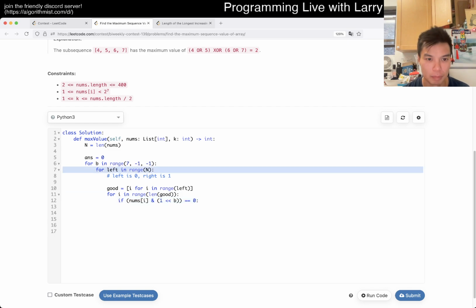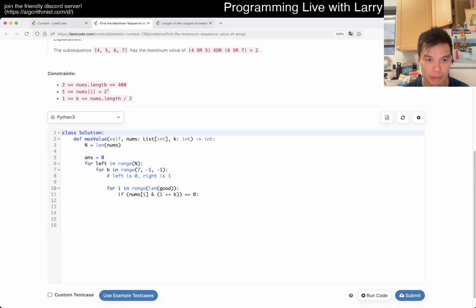I have to do this loop backwards, actually. Yeah, okay, that makes more sense.